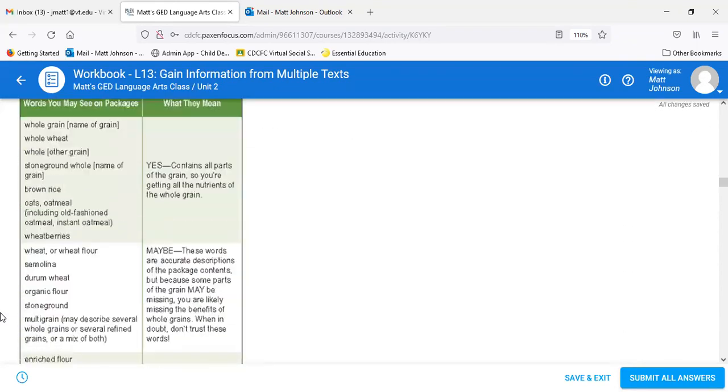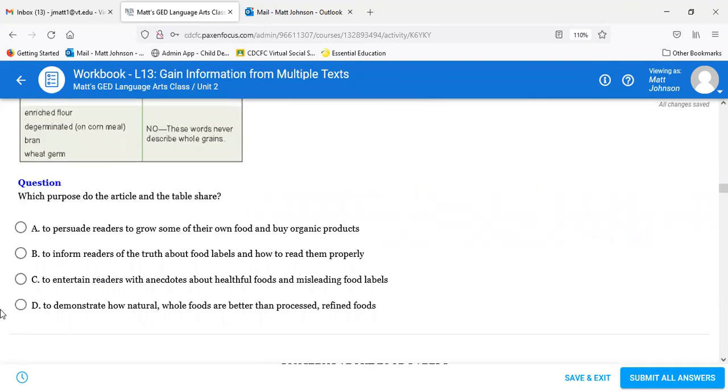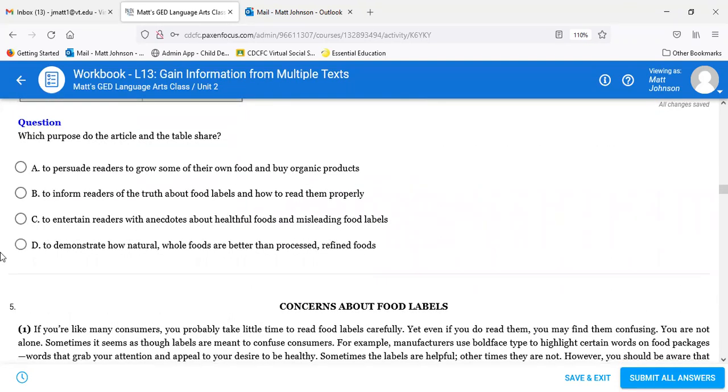Same passages here for number 4. Grace, you want to read question 4? All right. Which purpose do the article and table serve? A. To persuade readers to grow some of their own food and buy organic products. B. To inform readers of the truth about food labels and how to read them properly.